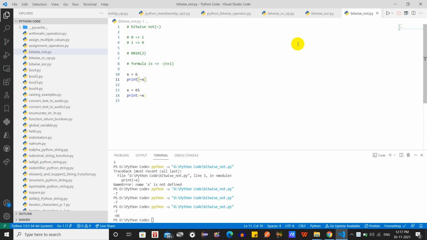If you go for the negation table, there is a table for 0 to positive binaries, 0 to negative binaries. Compare both forms, then you can understand how the negative form of 65 is minus 66. Okay, minus 66.